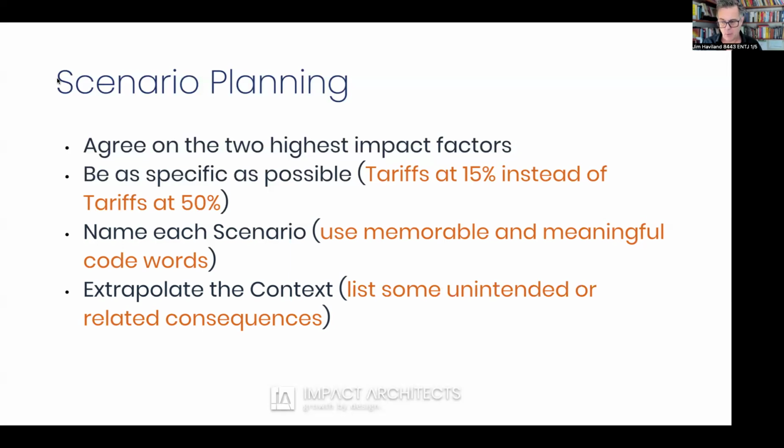So you want to think a little bit about what some unintended consequences of these things are. That's really where so many of the business errors in our world happen, in the unintended consequences. We made this decision, but it had these other trigger points down the road. And you want to give yourself a chance to think about that. Sometimes these things can compound. So if I have a tariff concern for my own products, maybe the people that I'm buying from domestically will also have that problem, and we have to think through that.